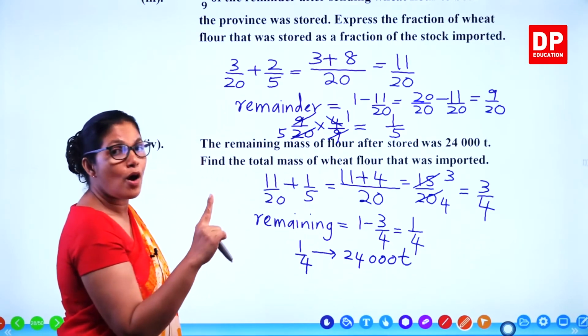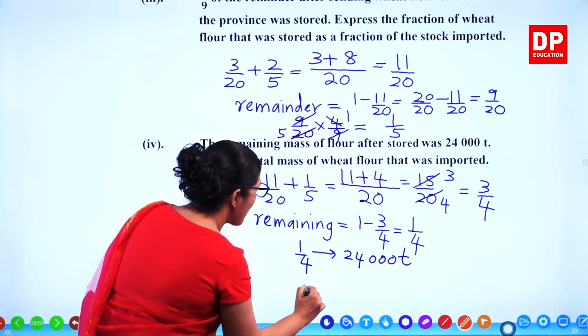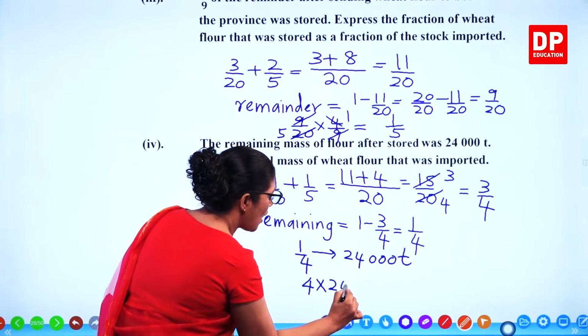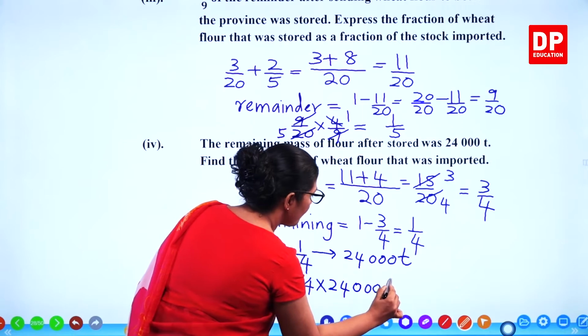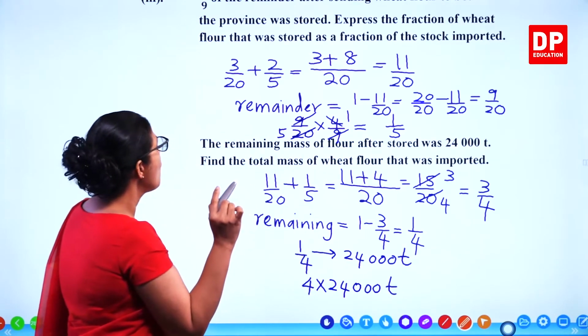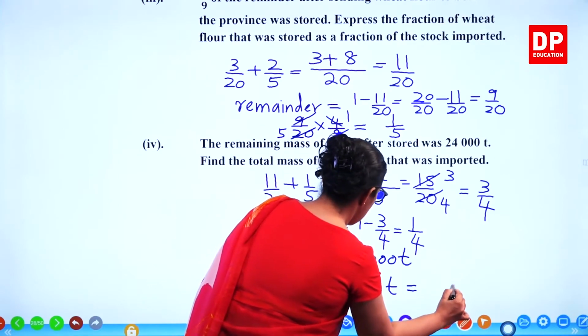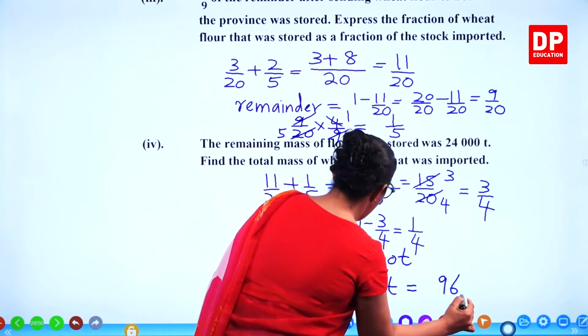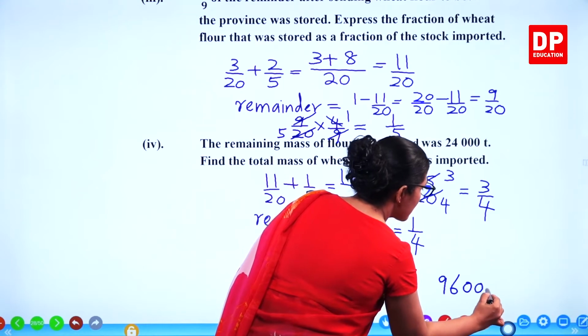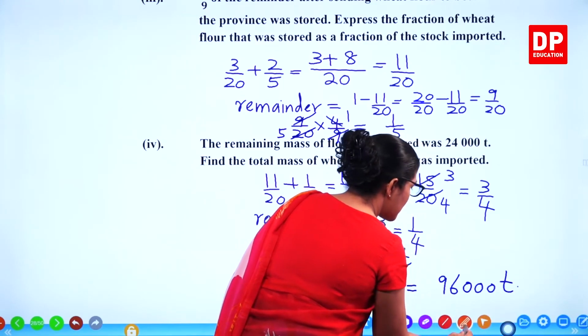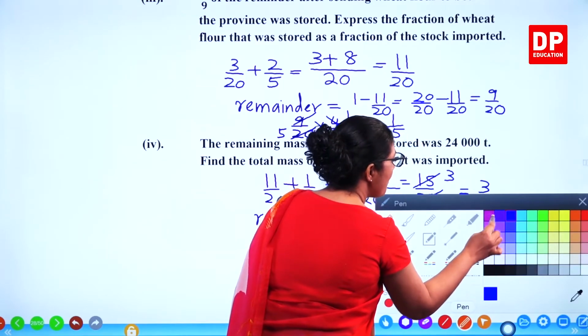So the full amount you get by multiplying by 4: 4 times 24,000 tons. 96,000 tons is the total amount of flour.